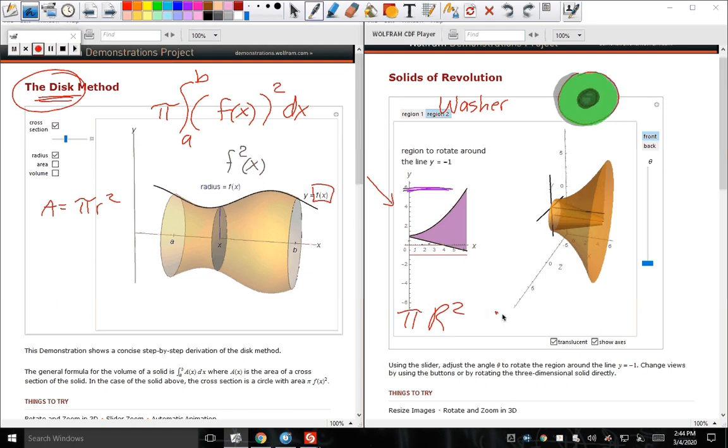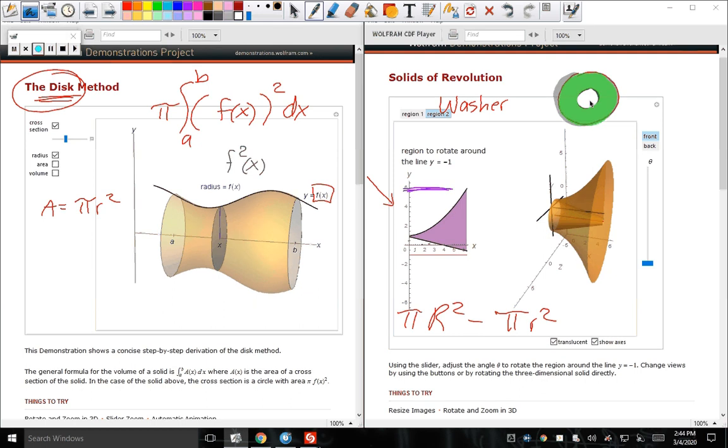Little pi r squared. And if I subtract it, all I end up having left over is just what's in between. You with me? It's like the big one, subtract the small one, it's like knocking it out. That is the cross section that's left.